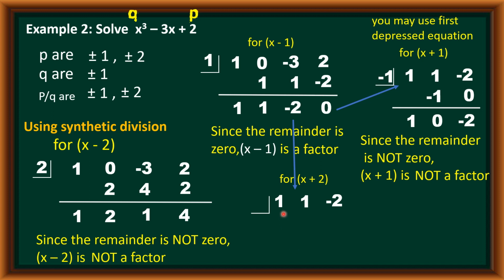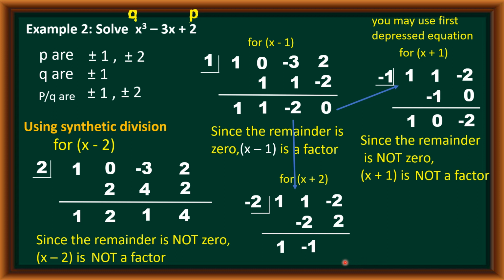Ayan. Bring down 1, 1. Times negative 2, negative 2. Negative 2 plus 1 is negative 1. And negative 1 times negative 2 is positive 2. Ayan. 2 minus 2 is 0. Ayun naman pala. So, nag-0 na siya. Ibig sabihin, x plus 2 is a factor. Ayan, meron na tayong dalawang factor, which is x minus 1 tsaka x plus 2.